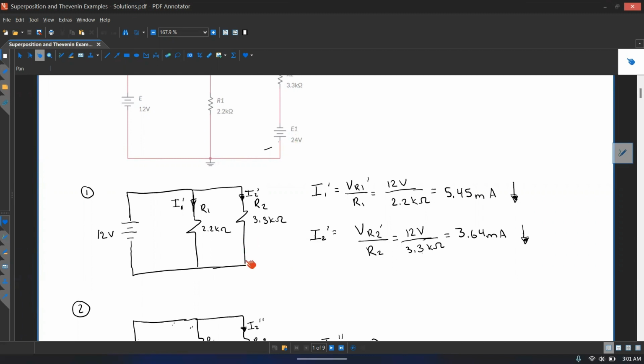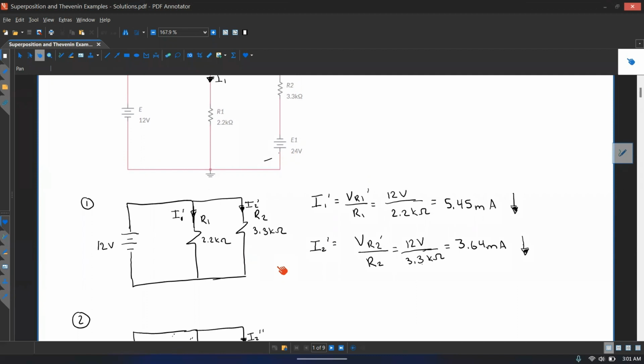That's what I've done right here. And all you're trying to do is determine the current that is flowing through each resistor with just only the 12-volt voltage source.